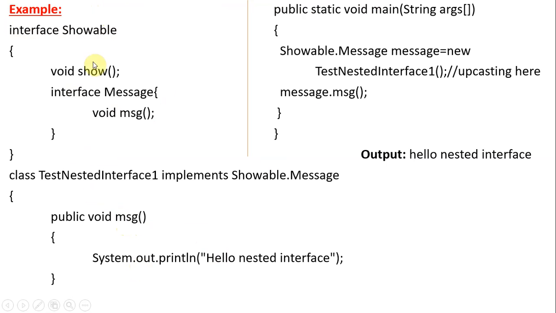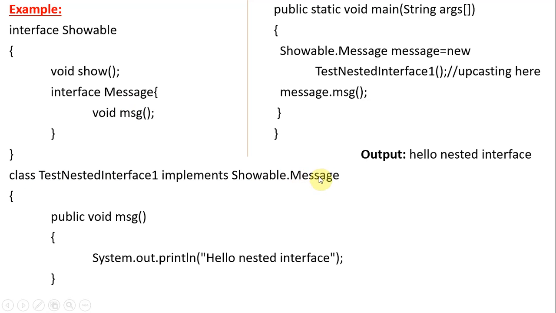So interface Showable consists of a show method. Interface Message consists of a message method. Okay, and a class implements Showable.Message. See the difference here. If it is a normal interface, we include only Showable.